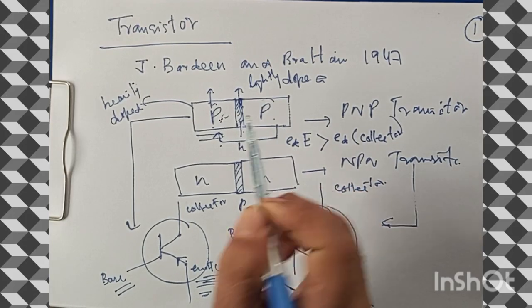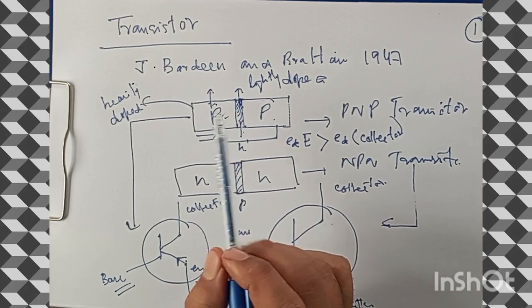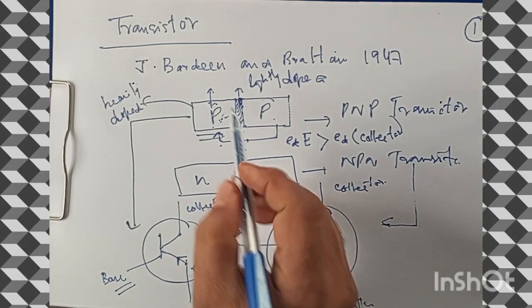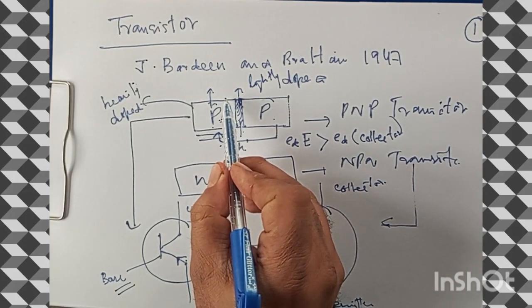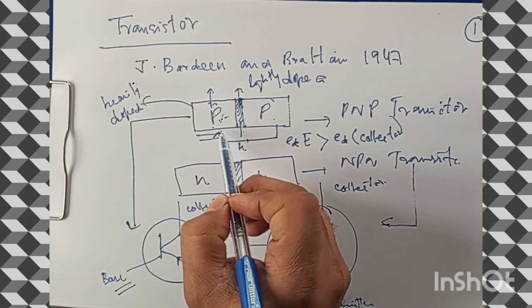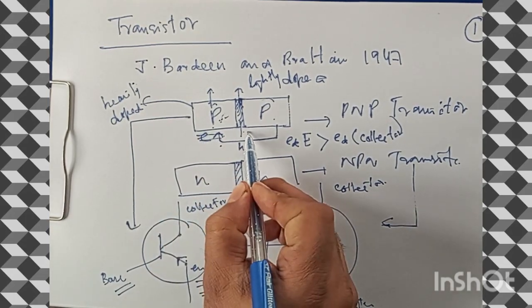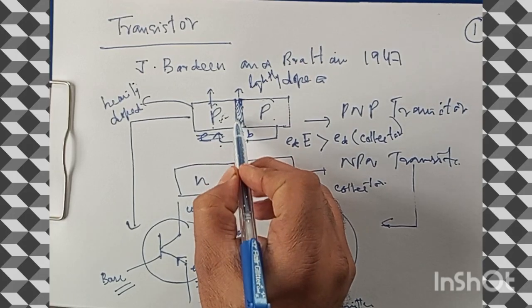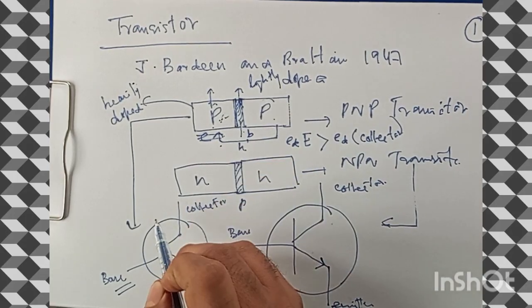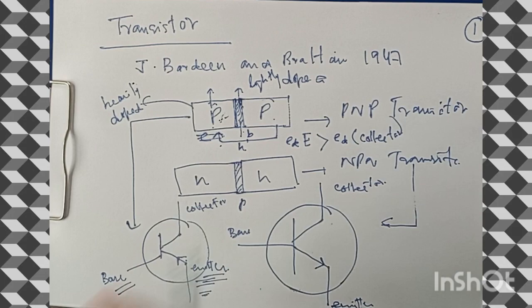Now, the junctions that we can see here, if I go with this diagram: the junction between emitter and base is called the emitter-base junction.